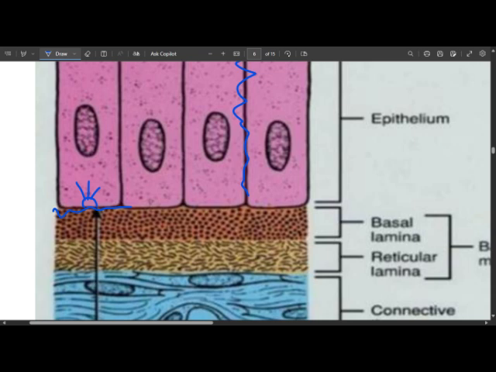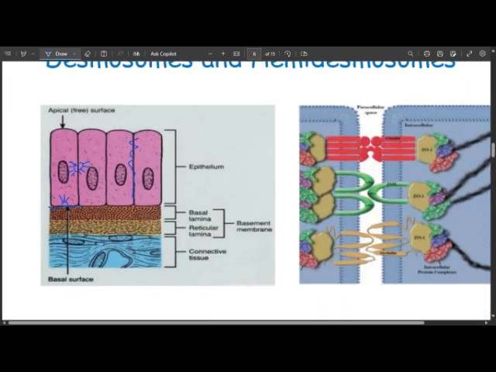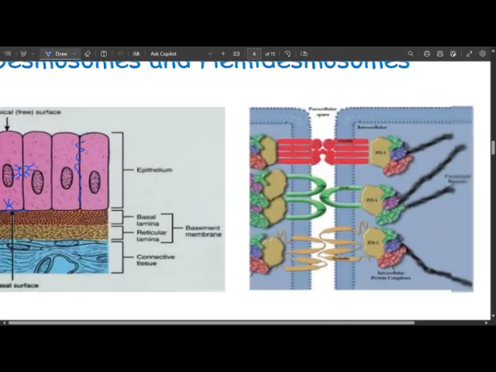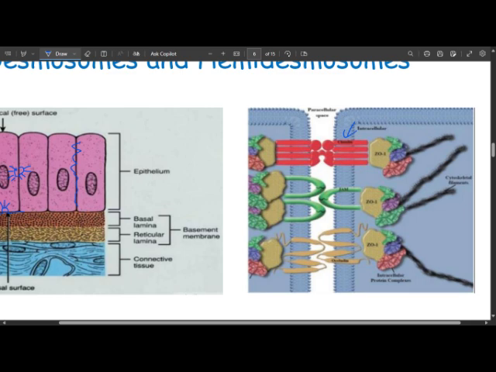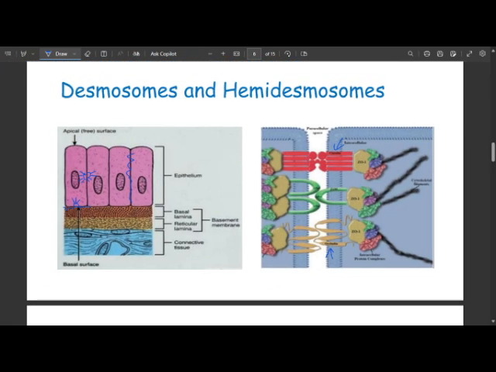Whereas if it's on the adjacent cells, you're going to have one protein there, another protein on this other cell, and intermediate filaments like that. That's your desmosomes and hemidesmosomes. Okay, so the proteins that are involved, like I said, you have some claudins there and occludin there. That's just a visual representation of how these proteins help in these cell to cell adhesions.